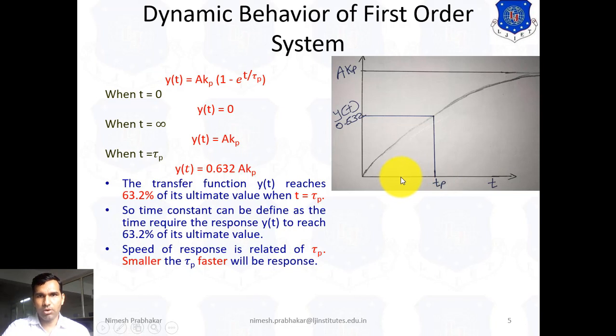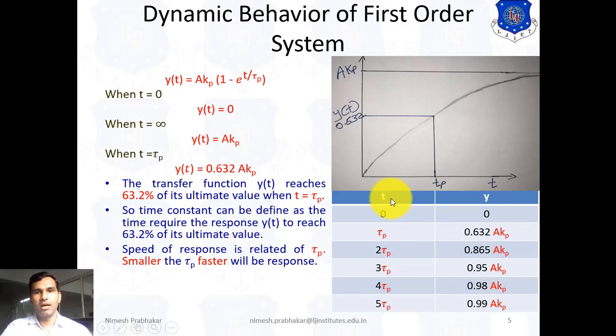At that time we get a faster response because it reaches 63.2% of the final value in that time. So tau_p represents the response of the system. We can know whether the response of the system is faster or slower by using the value of tau_p.